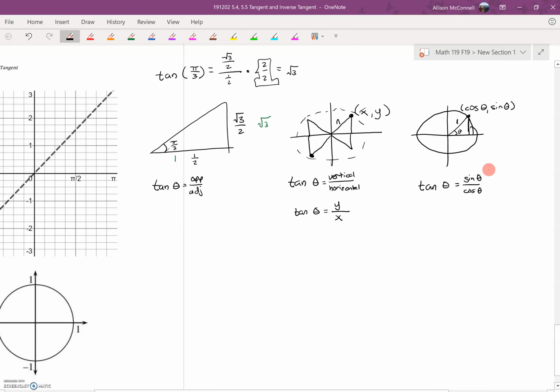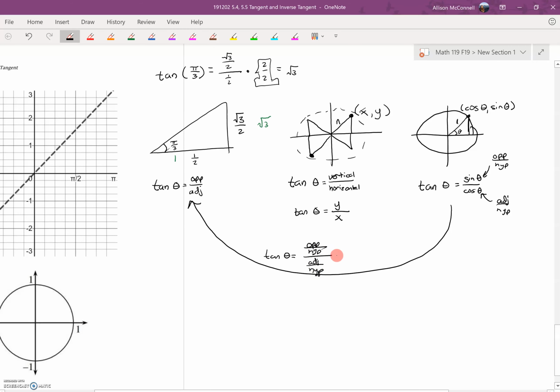Now in class, we also made a connection that because the sine of theta is the opposite side over the hypotenuse and cosine of theta is the adjacent side over the hypotenuse, if we set up the ratio, that connects back to the opposite over adjacent, because you would have tangent of theta equals opposite over the hypotenuse, and adjacent over the hypotenuse.